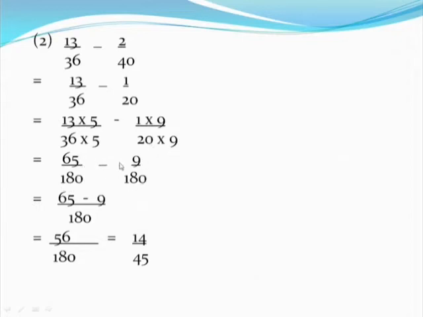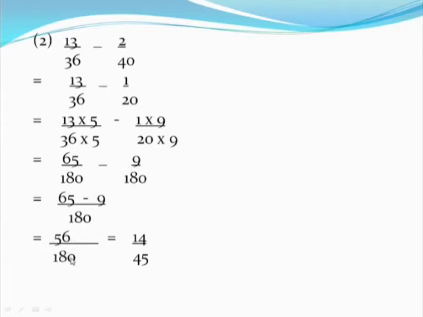Now subtract numerators in the numerator. 65 minus 9 is 56 and 180 will remain as it is. Now if you look at this fraction, you will see 4 is the common factor of 56 and 180, or you can say HCF of numerator and denominator is 4.